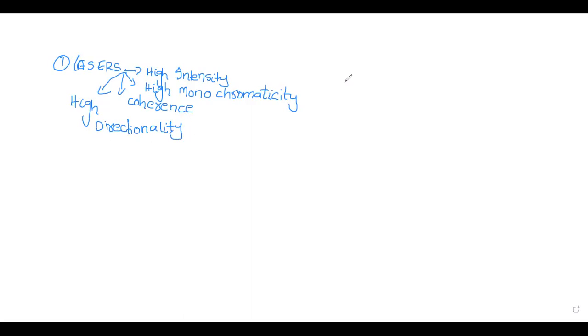Now, in today's class, we discuss laser interaction with the matter. What is actually happening when the laser is interacting with the matter?